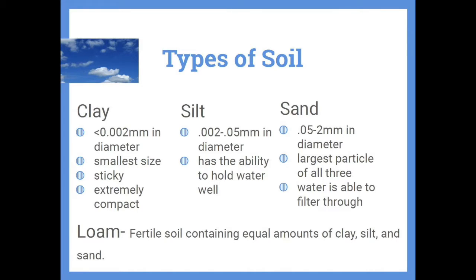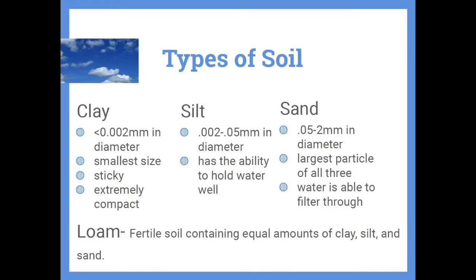For clay, the soil has to be less than 0.002 millimeters in diameter. Clay is the smallest size of the three types of soil. It's sticky and it's extremely compact. The second type of soil is silt, and it is between 0.002 to 0.05 millimeters in diameter and has the ability to hold water well.